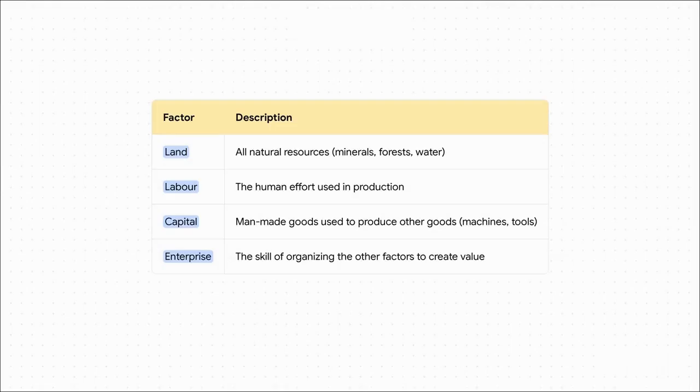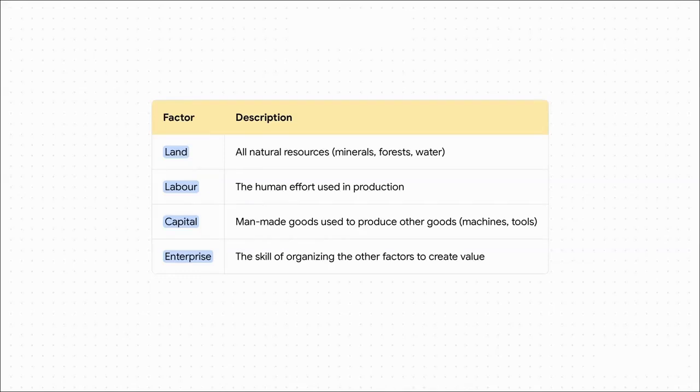First up, you've got land. And this isn't just a patch of dirt. It means all natural resources, oil, minerals, forests, water, the whole shebang. Then you need labor. That's pretty simple. It's the people, the human effort doing the work. Third is capital. Now, this isn't just money. In economics, capital means the man-made stuff that helps you make other stuff.